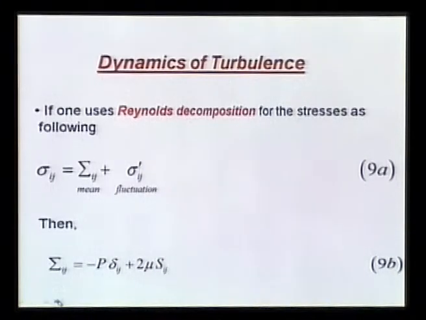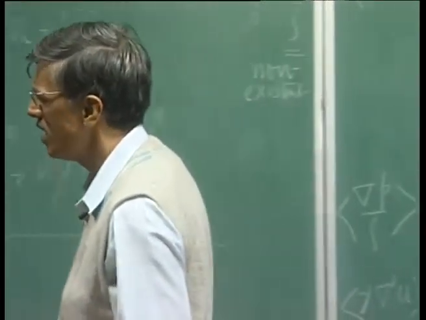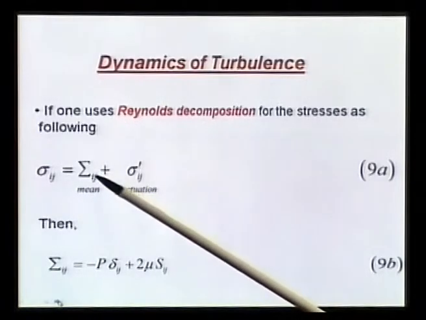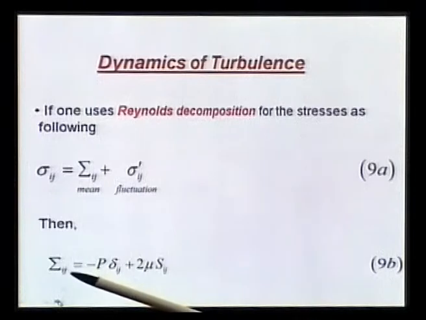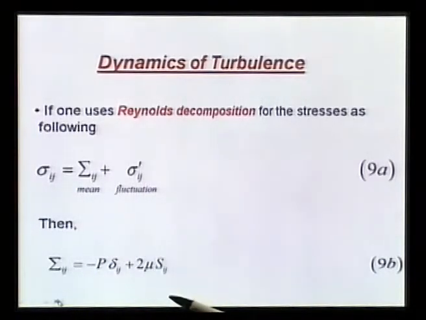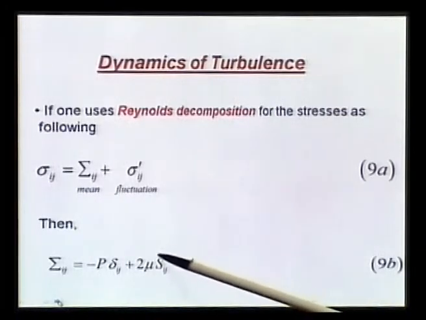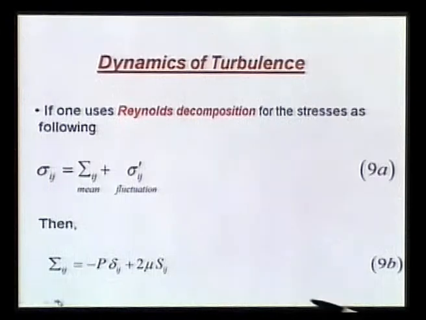We will expand it a little further. You can see that the total stress would be split into mean and fluctuation. The mean would be given in terms of the hydrostatic component and the mean strain rate. The mean quantities are all defined in terms of capital letters, so capital Sij represents a mean strain rate.